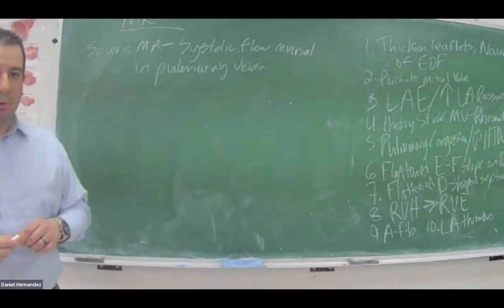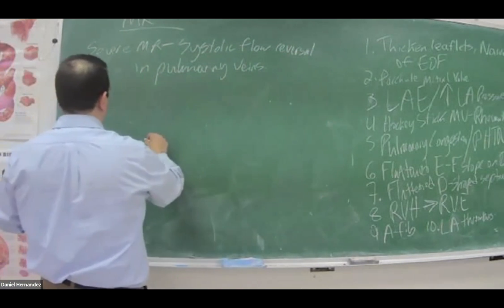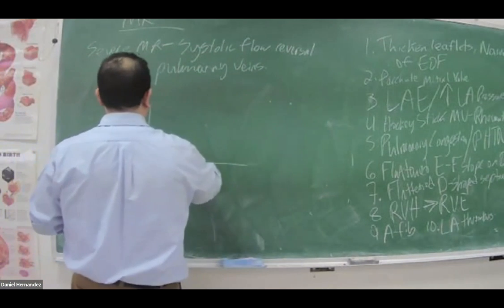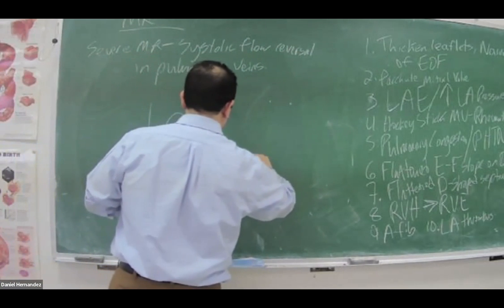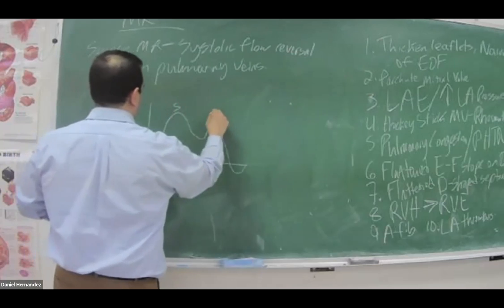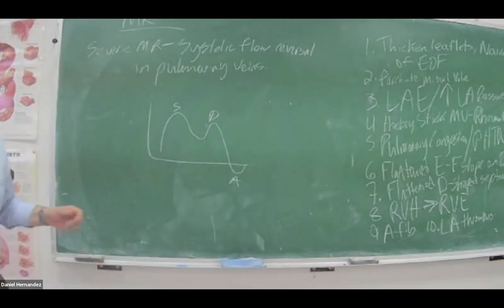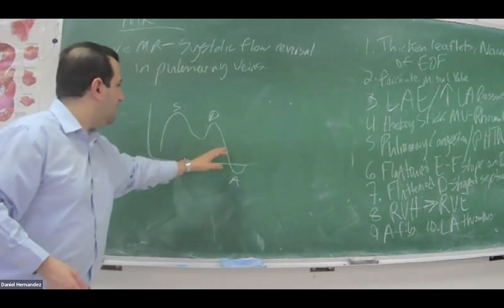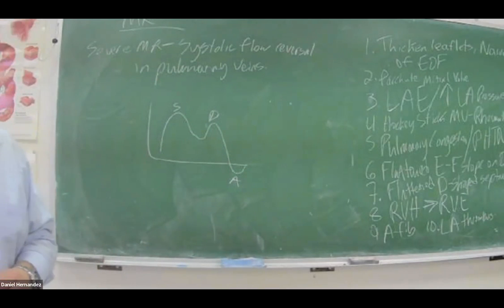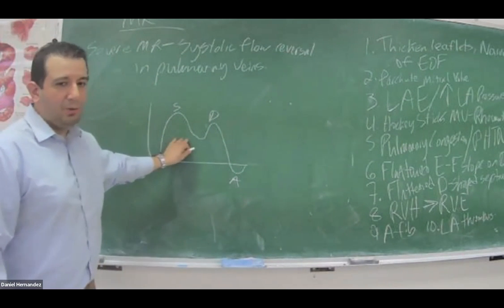When we Doppler pulmonary veins, normally we have our pulmonary vein waveforms: our S systole, diastole, and then our atrial contraction. Normally our S wave is going to be equal, or usually a little bit bigger than our diastole in terms of pulmonary vein flow. We get more flow into that left atria during systole than we do diastole. So this is our normal condition.